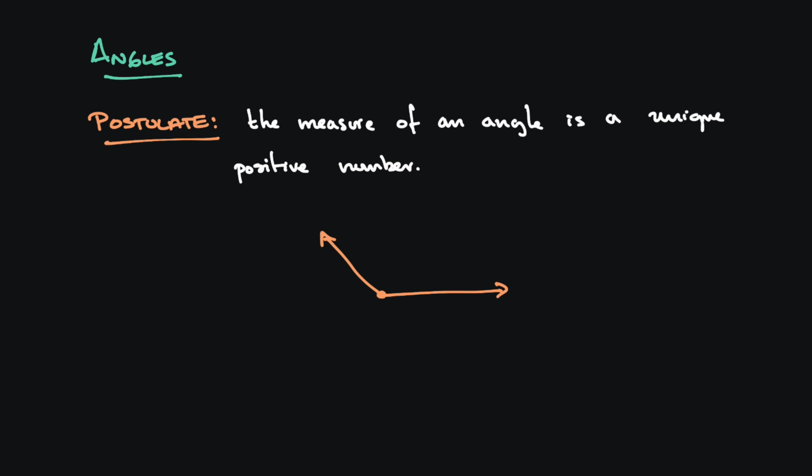If I have an angle between these two rays, I can use the protractor to measure this aperture and assign a positive number, counting the degrees on that protractor. I will probably get around 100 degrees. And this is a positive unique number for this angle.